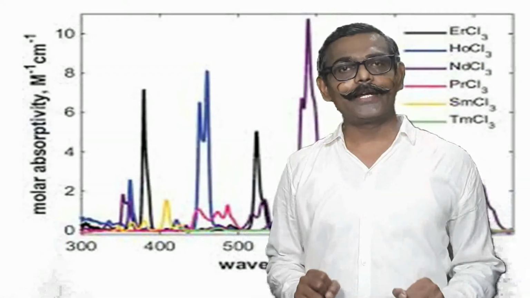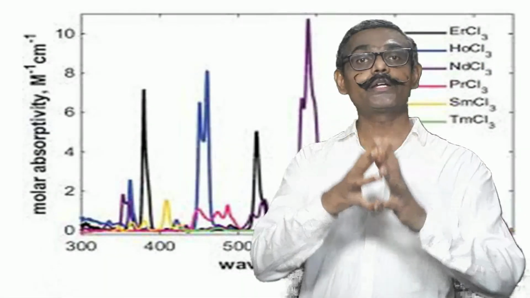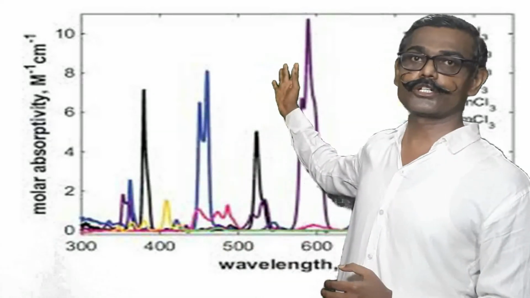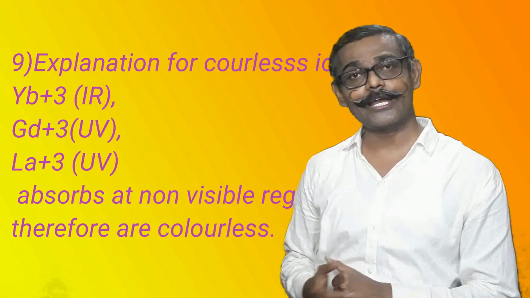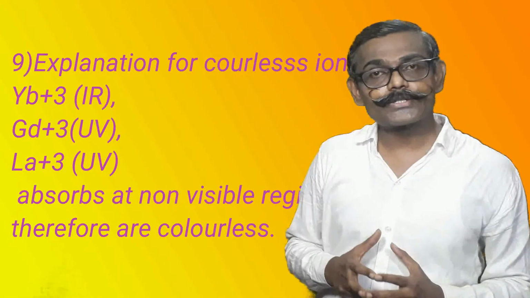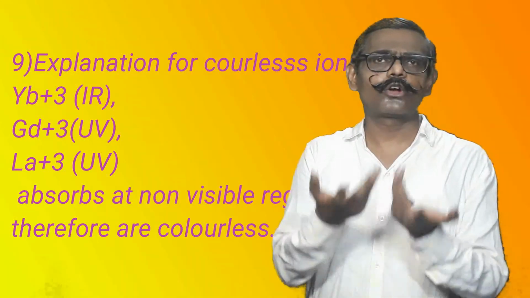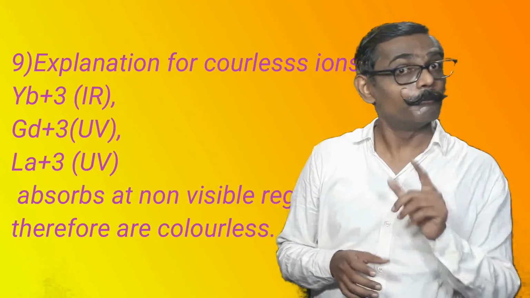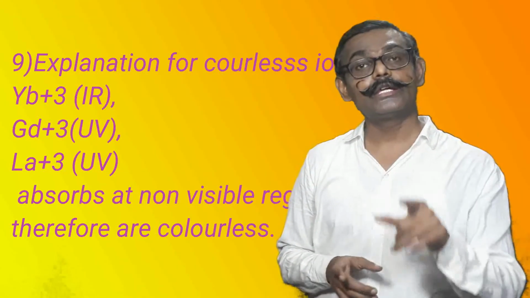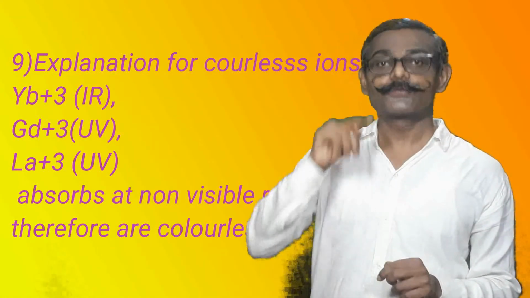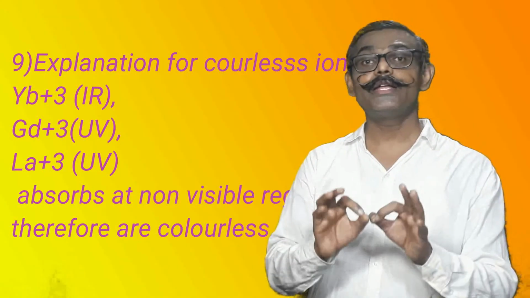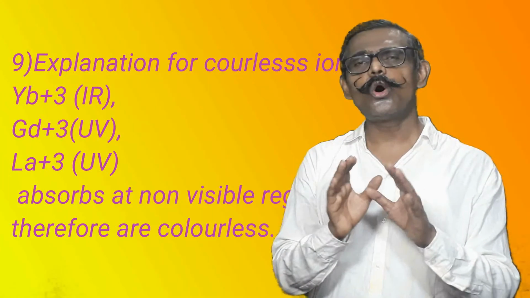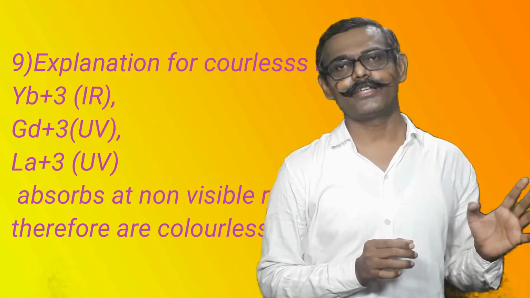Okay, now we have explained those lanthanoids which are showing color, because of absorption in the visible range. How can we explain the colorless behavior of lanthanum plus 3, lutetium plus 3 and gadolinium plus 3? Lutetium plus 3 has no unpaired electron, so there is no question of absorption. For ytterbium plus 3, yes, there is an unpaired electron, so absorption should be there, but that absorption remains in low energy radiation, infrared radiation.